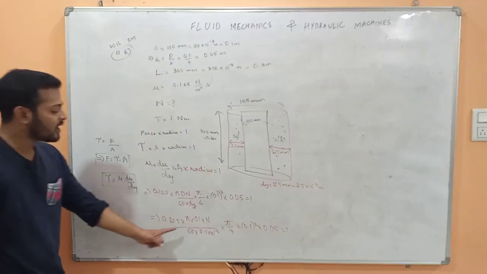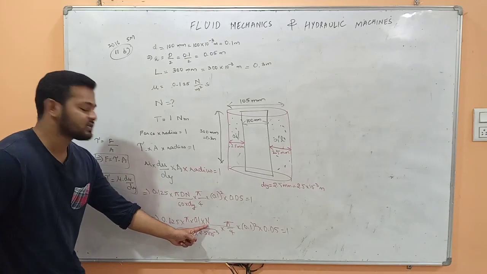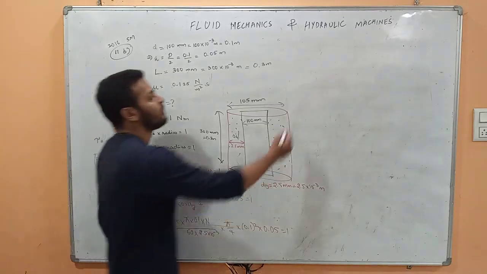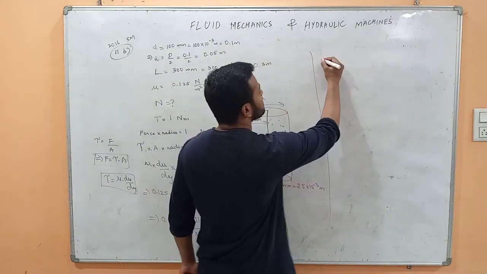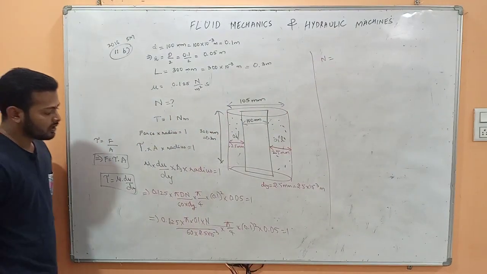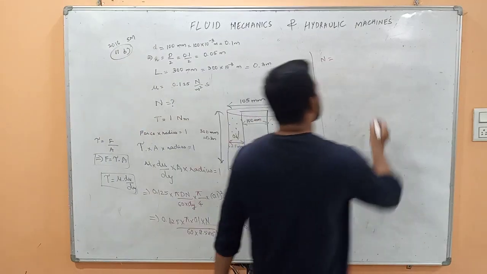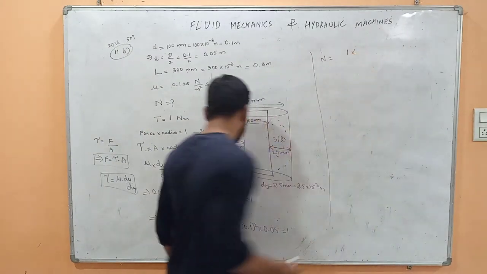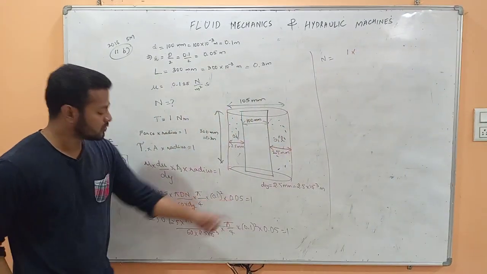How many unknowns do I have? I have only n, which I can find out by separating that n from all these values. So what will be n now? 1. Just cross multiply this, it goes to the numerator.